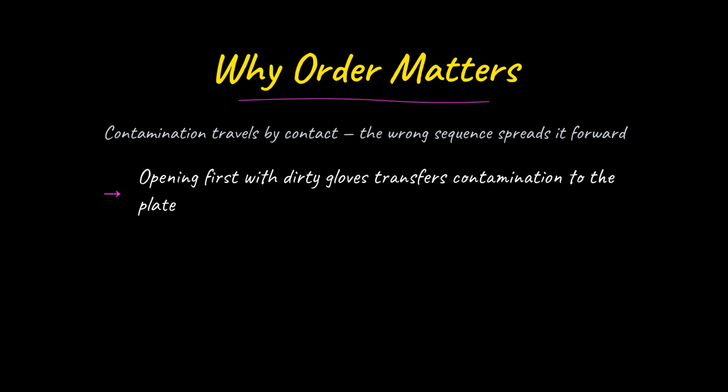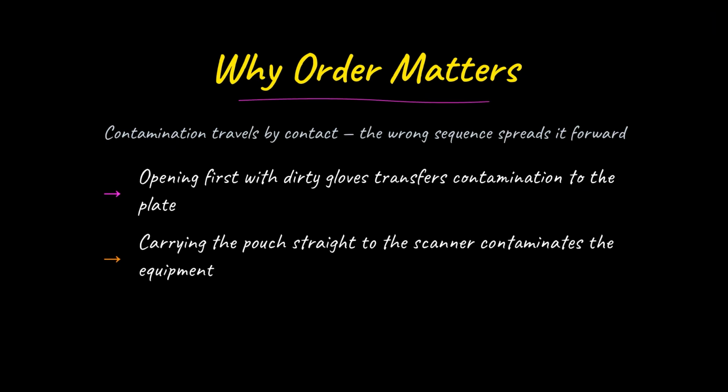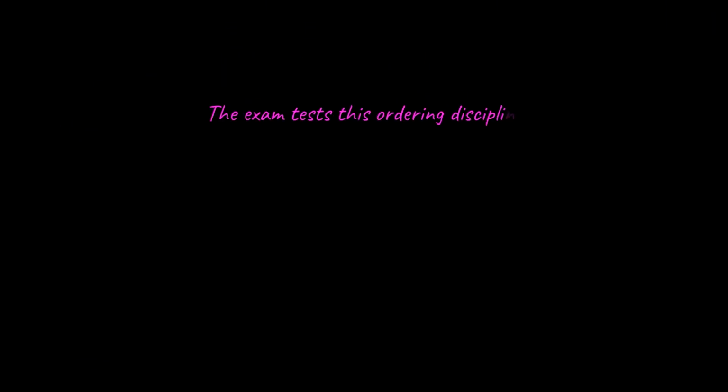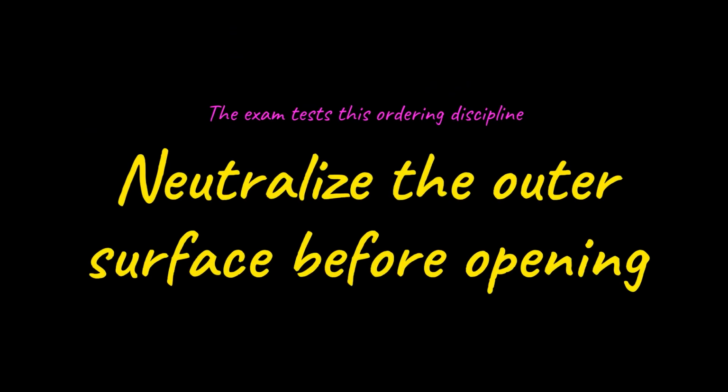Skipping or reversing the sequence allows the dirty outer surface to reach either the clean plate, the scanner, or the operator's hands, completing the chain of transfer that the barrier was meant to prevent. When an exam stem asks what the operator should do first after removing a barrier-protected receptor, the answer is always to deal with the contaminated outer surface before anything else. That one deliberate step keeps the clean plate clean and the workflow safe.